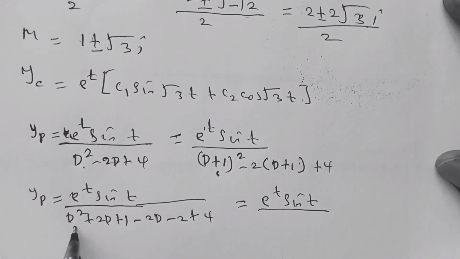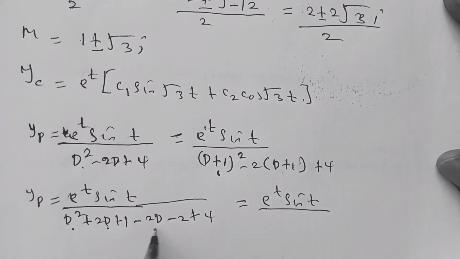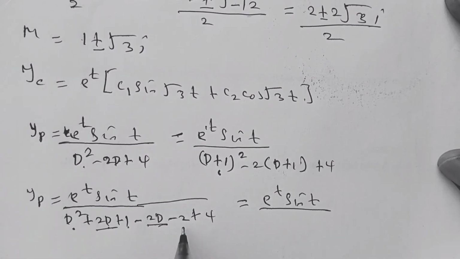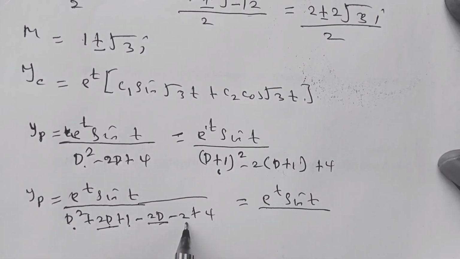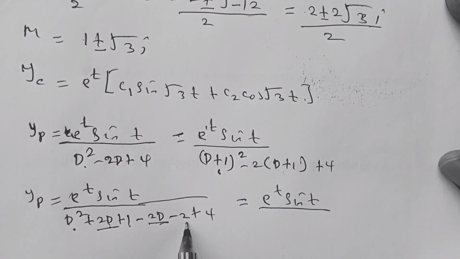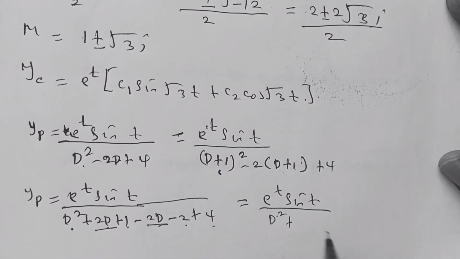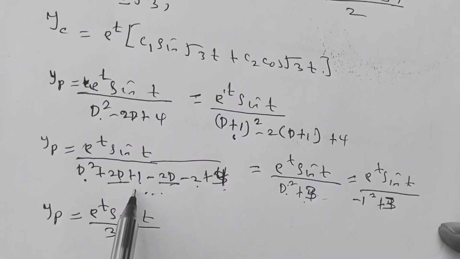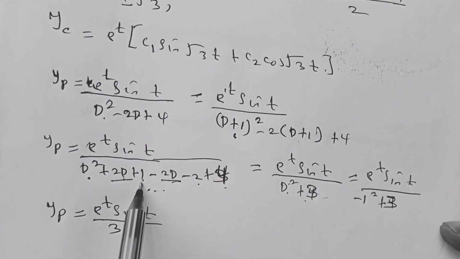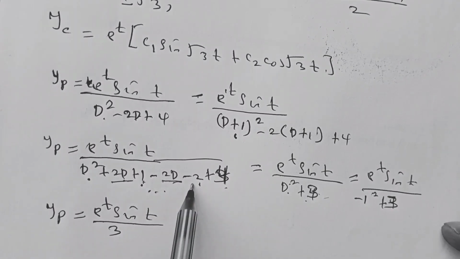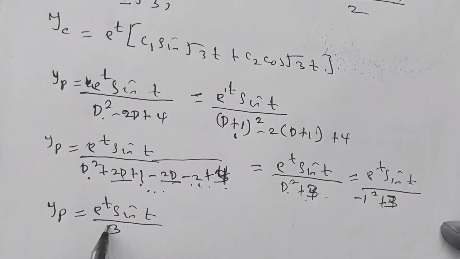In this case, we have D squared, 2D and this other 2D, which will cancel. You have 1 minus 2 which gives negative 1, plus 4 gives 3, so D squared plus 3 minus 1, which is 2.